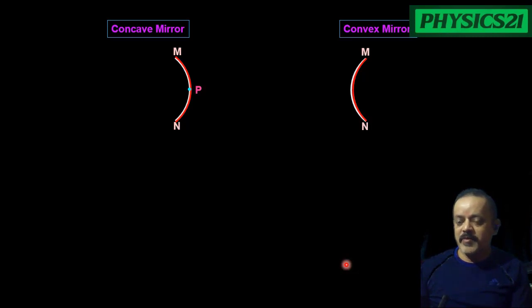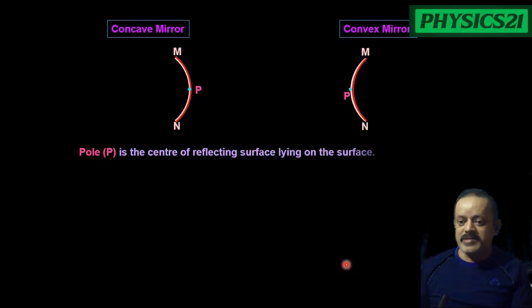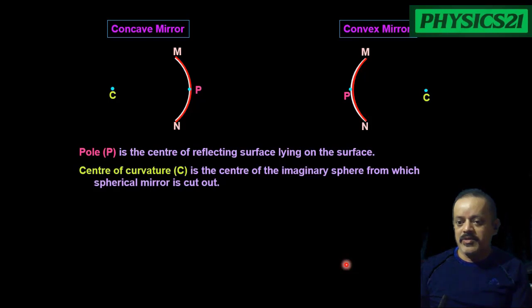First we will define the pole. It is the center of the mirror, denoted by capital P. Now, the center of curvature. The center of the sphere from which the spherical mirror is formed is known as the center of curvature, denoted by capital C. So, these are the centers of curvature.